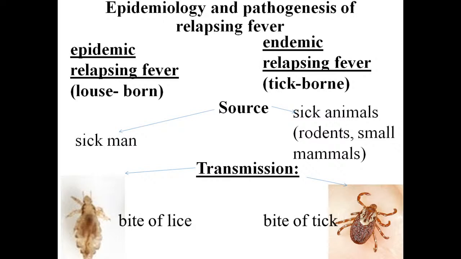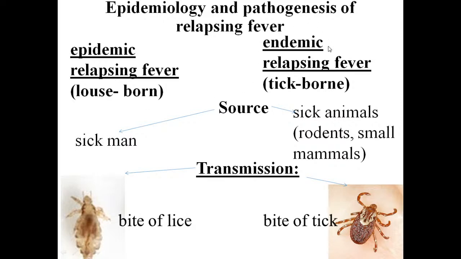What about epidemiology and pathogenesis of relapsing fever? There are two diseases that may be caused by Borrelia recurrentis. It's epidemic relapsing fever, and another name is louse-borne. You may understand that the main vector is louse.